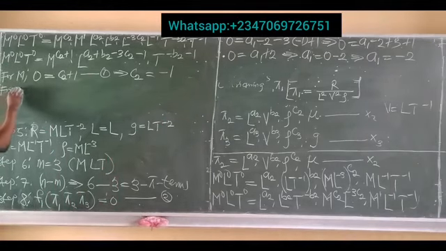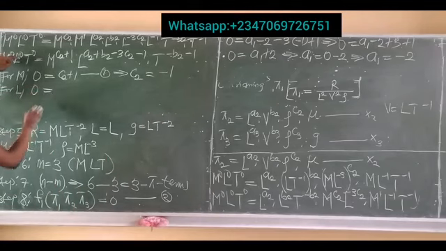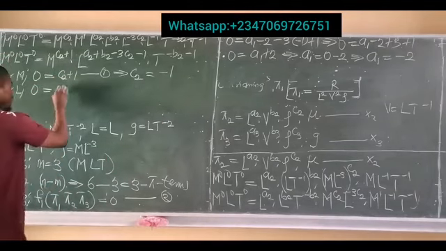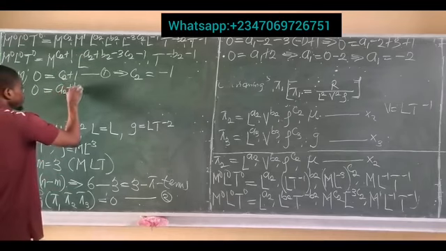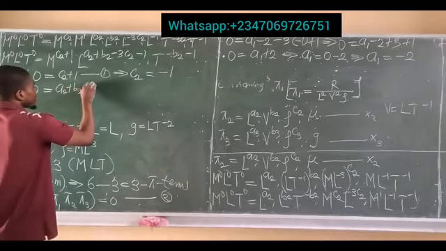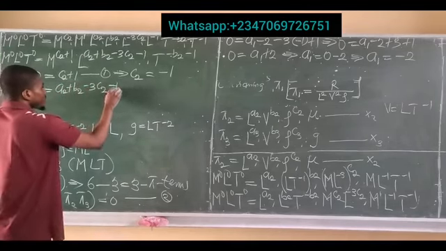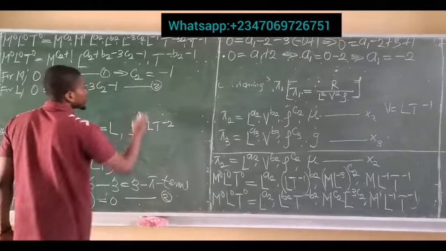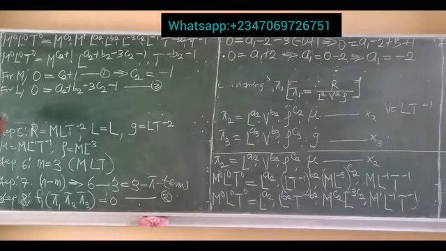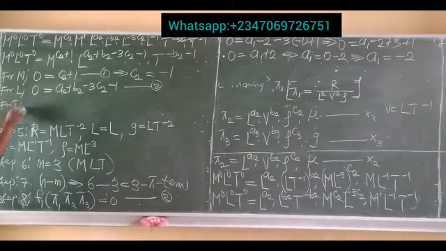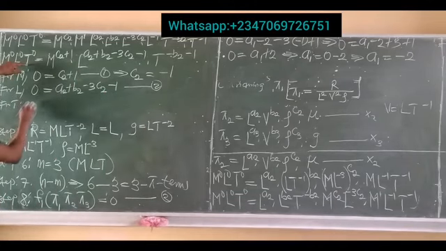For L, remember, the power of L here is 0. It must now be equal to the power of L on this side of the equation. So I have A2 plus B2 minus 3C2 minus 1. Call this equation 2. Finally, for T, the power of T on the left-hand side is 0.